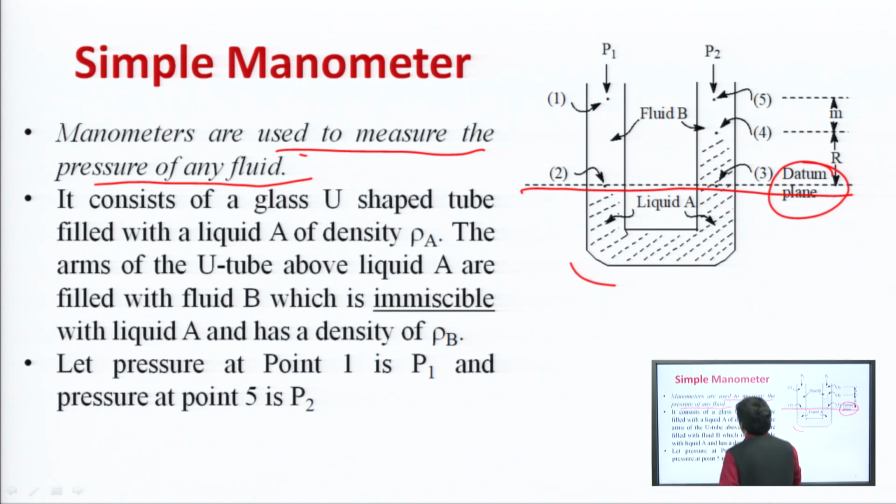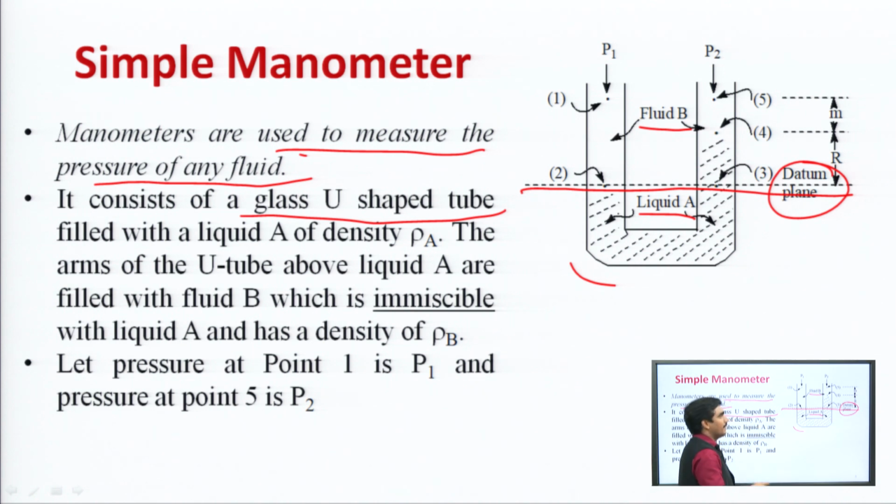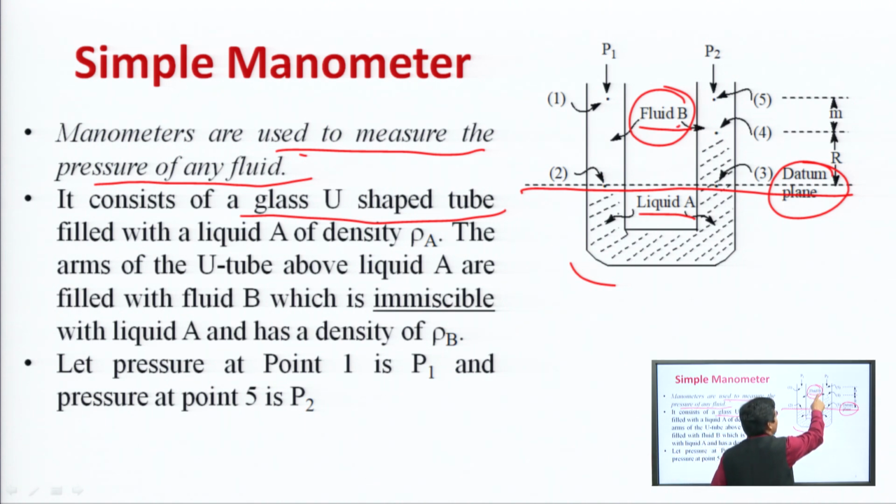So, what does it consist of? It consists of a glass U-shaped tube in which two liquids are filled, liquid A and fluid B. Here I have used the term fluid B. Fluid means it includes both liquids and gases. That is why we have used the term fluid.